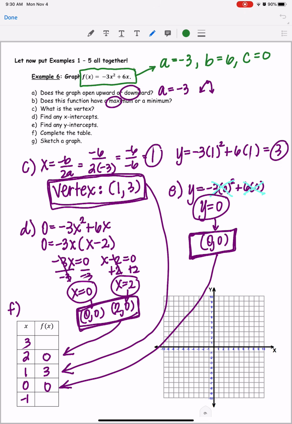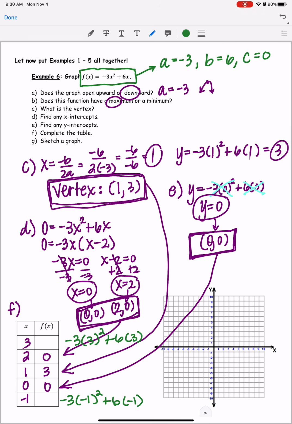So, in place of both of these x's, you're plugging in what we say x is. So I've got negative 3 times 3 squared plus 6 times 3. Down here we've got negative 3 times negative 1 squared plus 6 times negative 1.